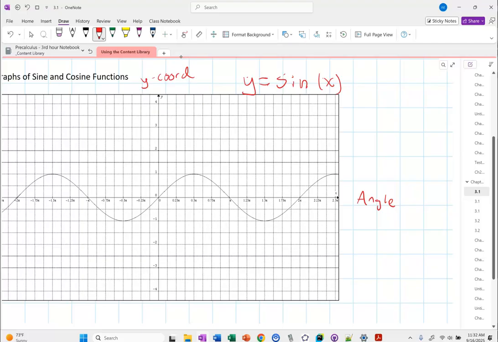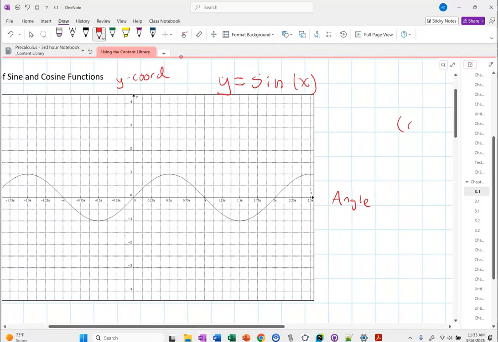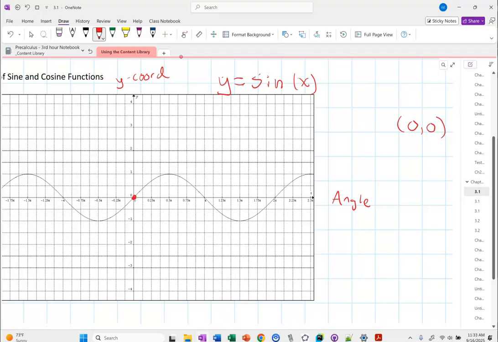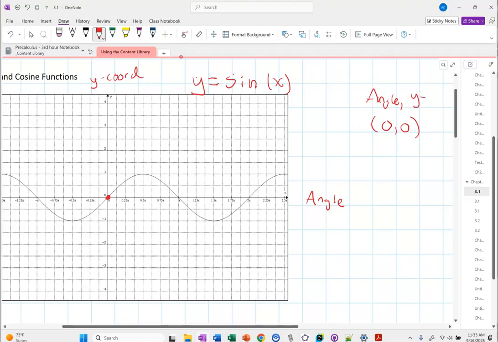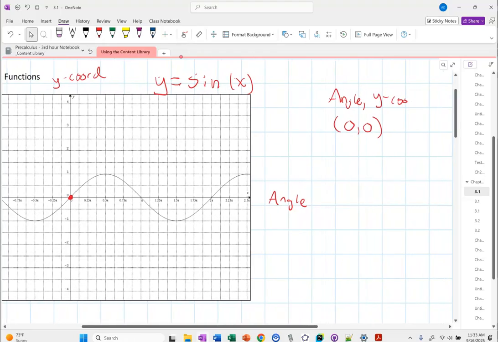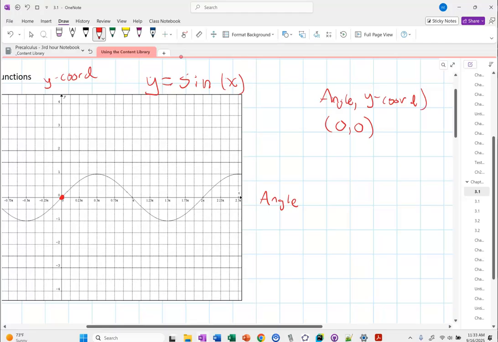So if I look at my unit circle and I find the angle 0 degrees, look on your unit circle, find the angle 0 degrees, and then read to me the y-coordinate there. That's 0, right? So that would mean we'd be plotting the point 0, 0, because we're plotting angle, y-coordinate. Why am I using the y-coordinate from the unit circle?